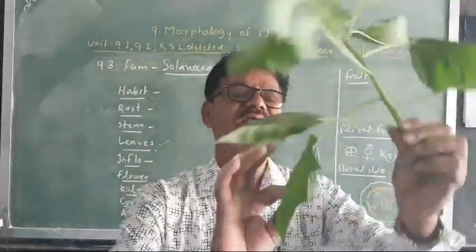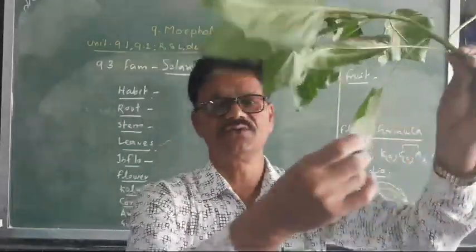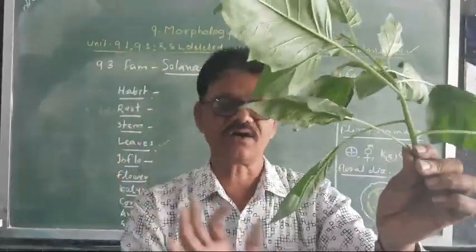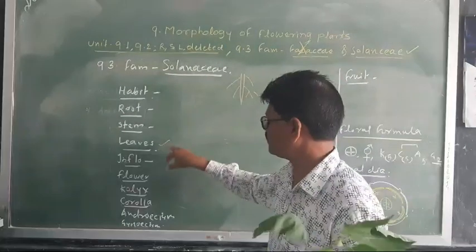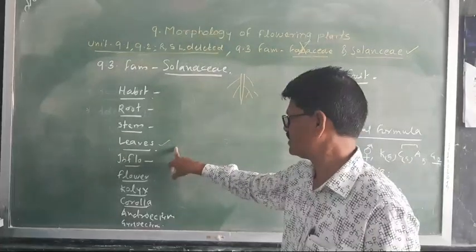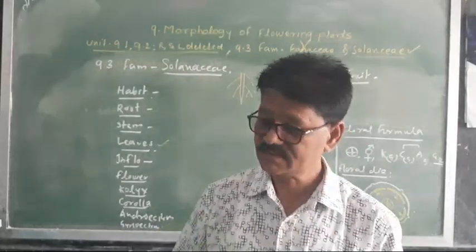Leaves have reticulate venation. When you observe like this, you will see the network of veins and veinlets. So the reticulate type of venation is seen in the leaves. Next one is the inflorescence.